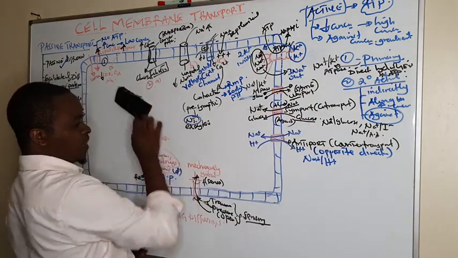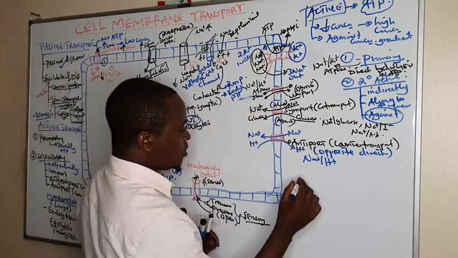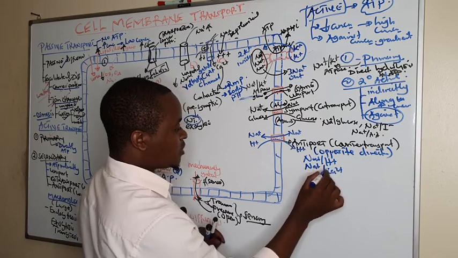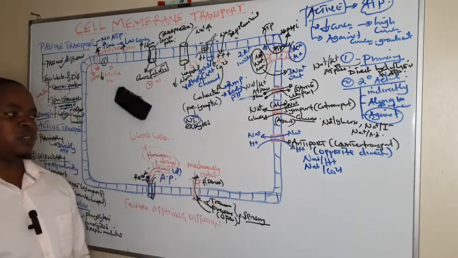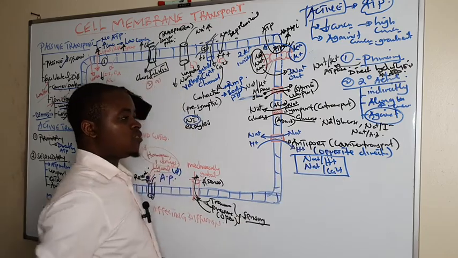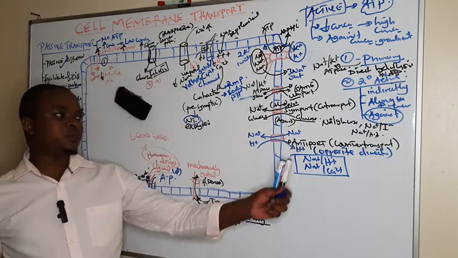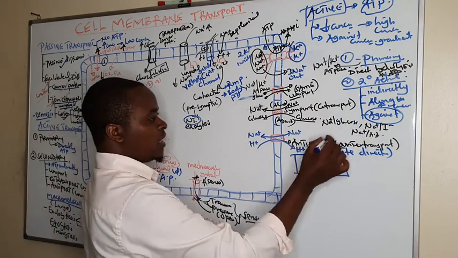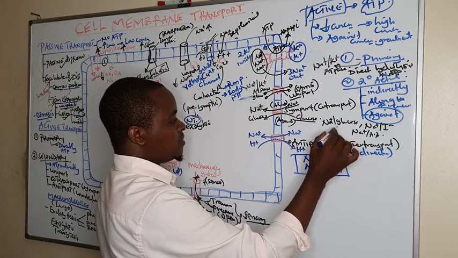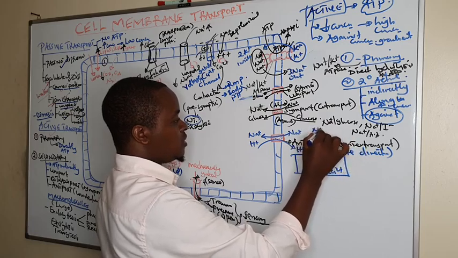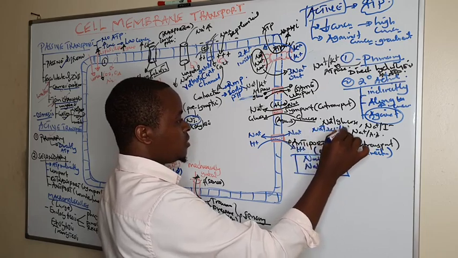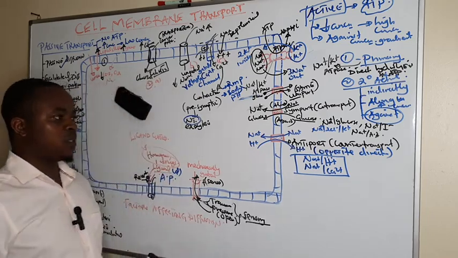Then for the antiporter, we have also the sodium-calcium exchanger. As sodium is entering in, calcium is pumped out. So these are examples of counter transport, or what you can call antiporter. Then another example we can add among the symporters is the sodium-2 chloride-1 potassium symporter.